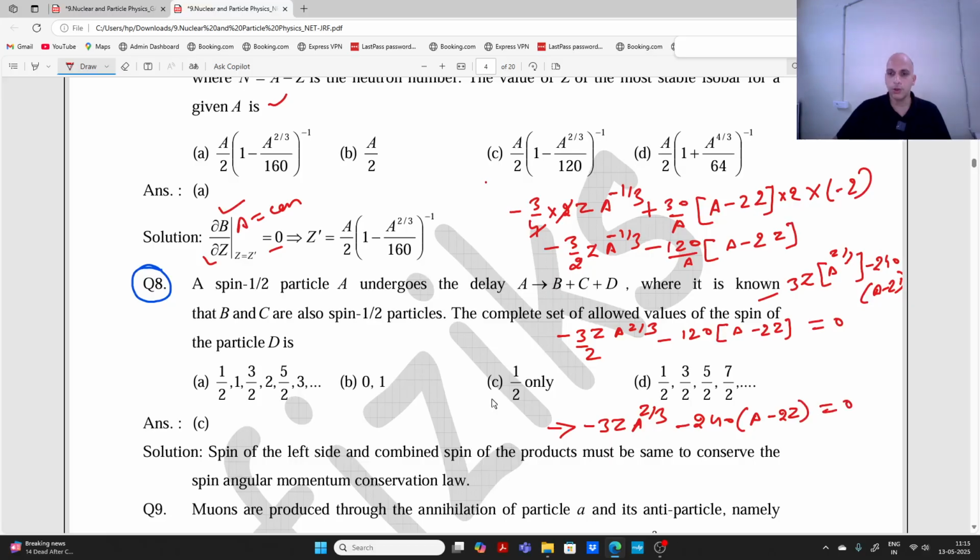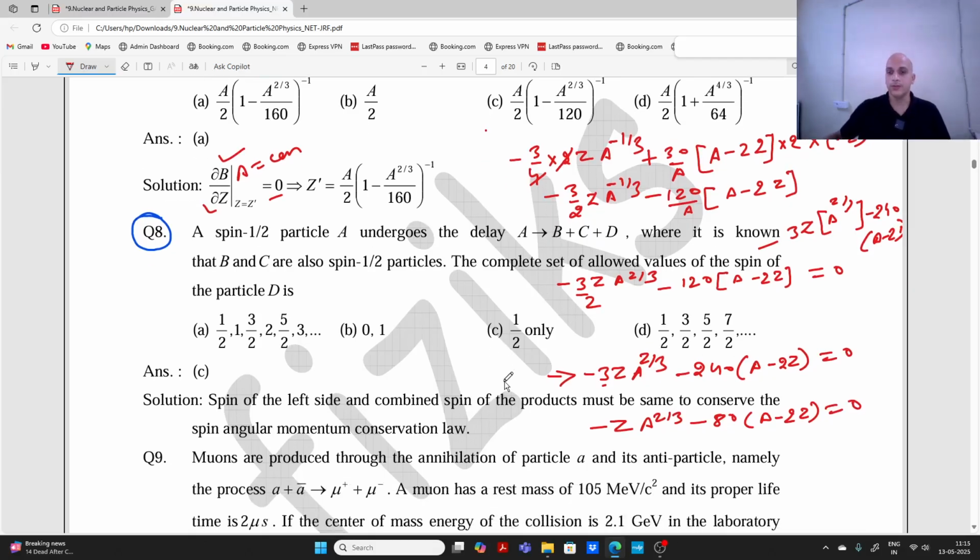Now 3 is common, so it will become z minus z into a power 2 by 3. So it is 80 into a minus 2z is equal to 0. Then in the next step I will open the bracket, minus 80 into a plus 80 into 2, 160 into z is equal to 0.